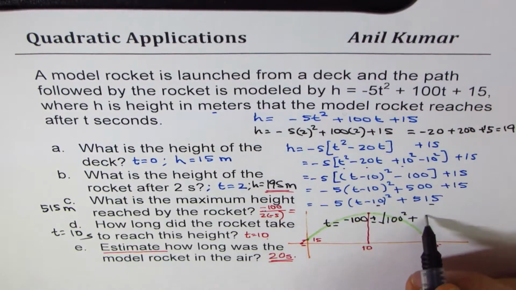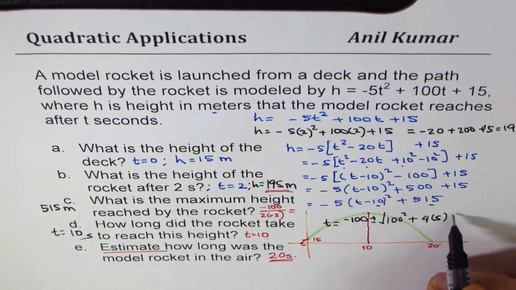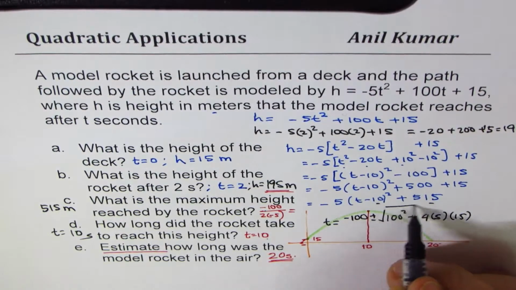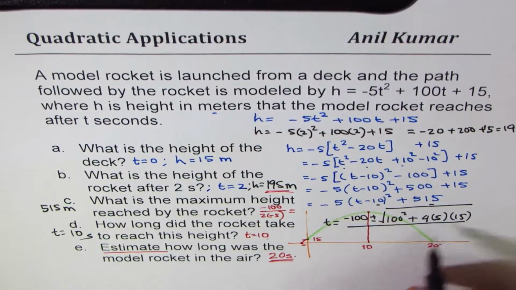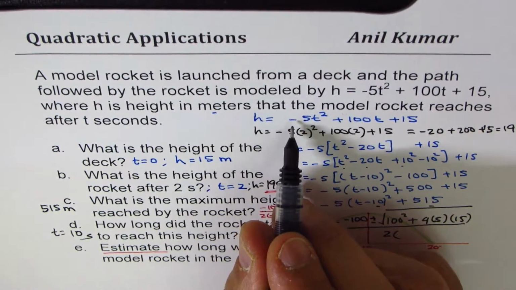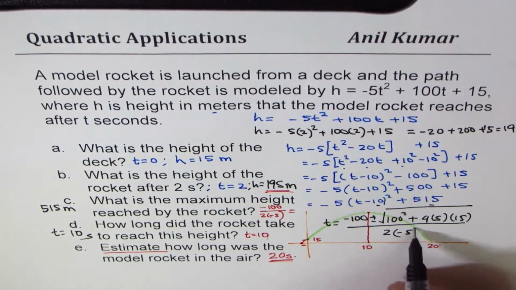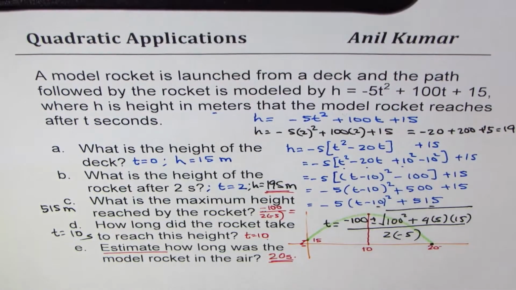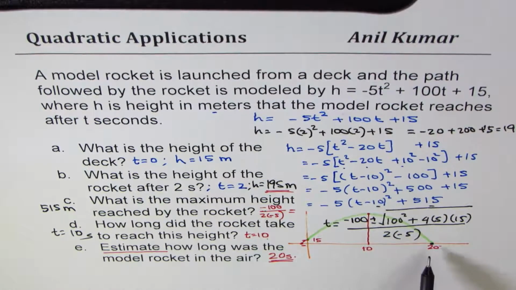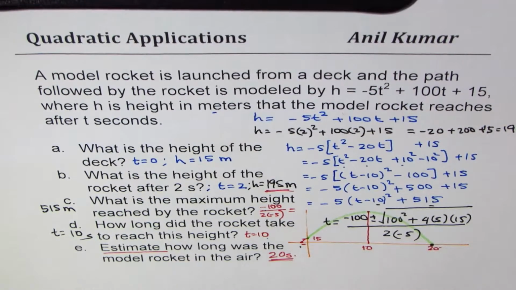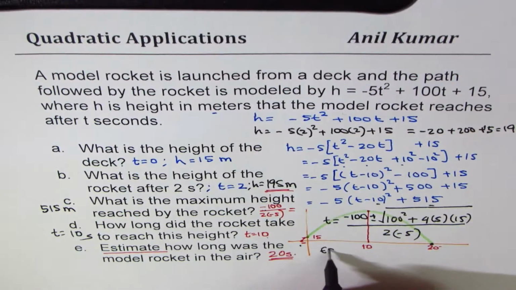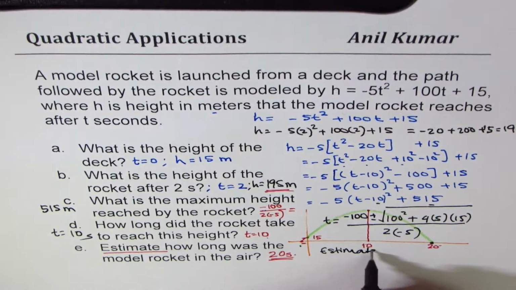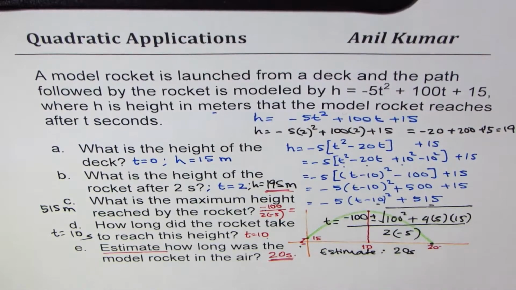So this becomes positive, 4 times 5 times 15, square root, divided by 2 times a, which is minus 5. Correct? So calculating this value, you will get the exact value of time when it hits. You consider the positive value. You get 2 answers. So that will give you the exact value. But the estimate is 20 seconds, right? That is fair enough.